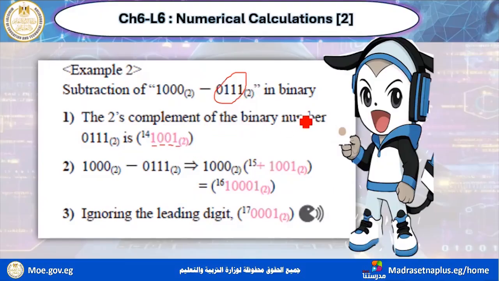Let's see how. 0111. Invert each digit to 0 or 1: 1000. Now the second step is to add 1. 1001. Correct. The first step is correct. So now we need step 2.